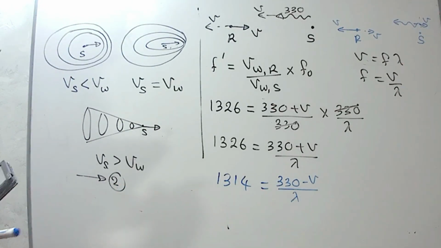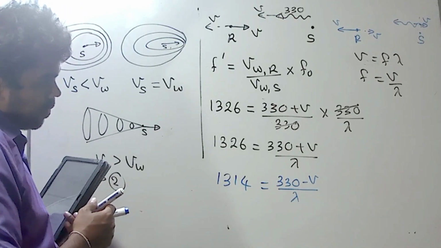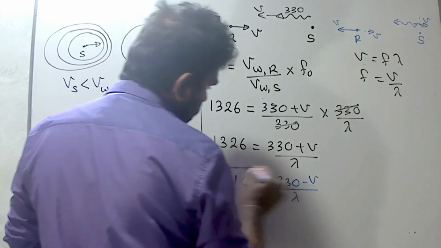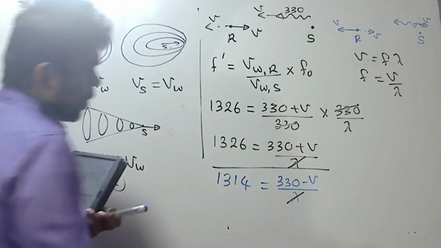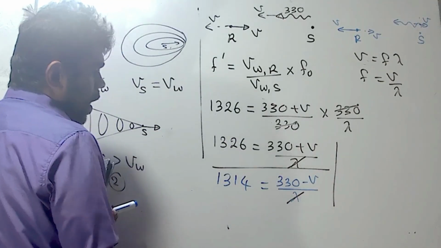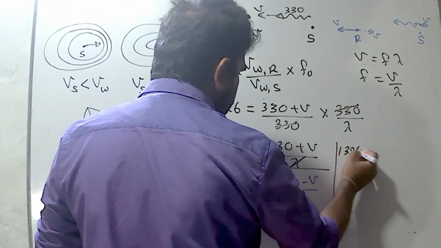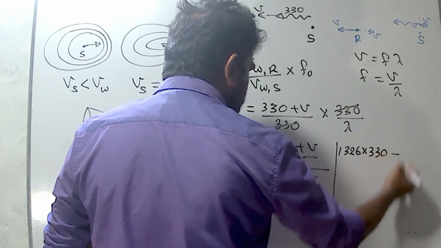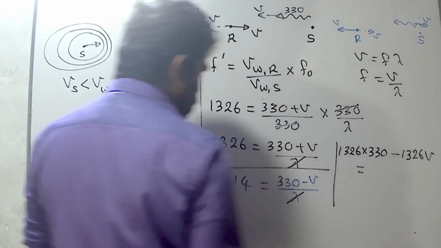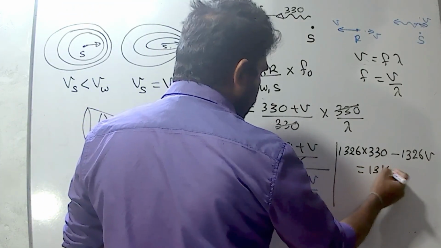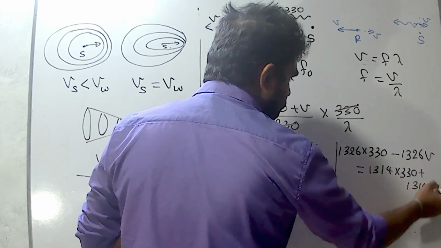Now there are two equations. We can solve to find the value of v. I will divide them, and we can cancel out lambda and lambda. Then I will use cross multiplication: 1326 into (330 minus v) equals 1314 into (330 plus v).